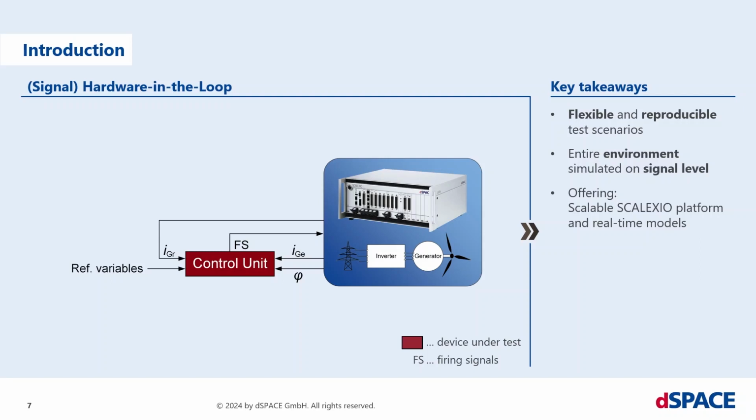So the control unit calculates firing signals. These firing signals are given to a real-time model of our plant. We calculate what is the behavior of this plant in real time and feed back in this case, the current signals, the position signals, so that the control unit on signal level thinks it's in the same environment as in the real world environment.